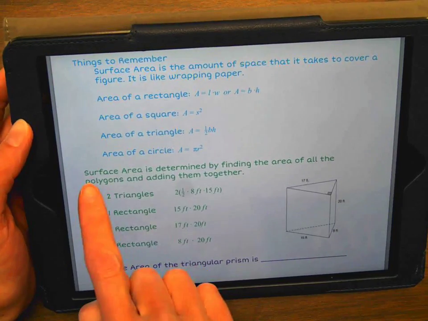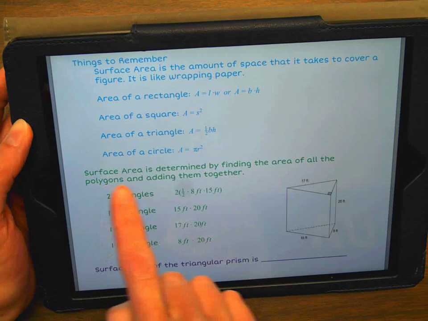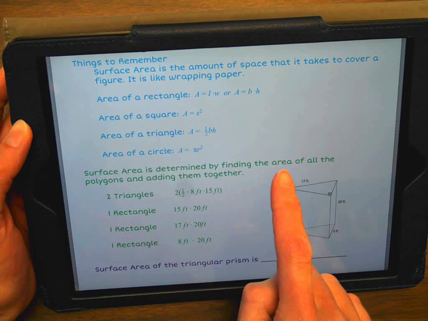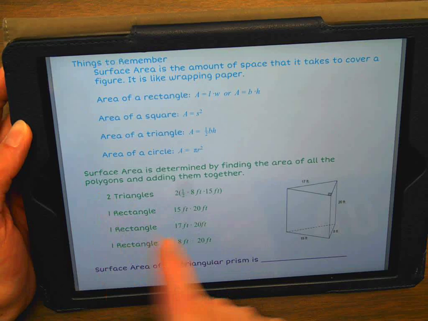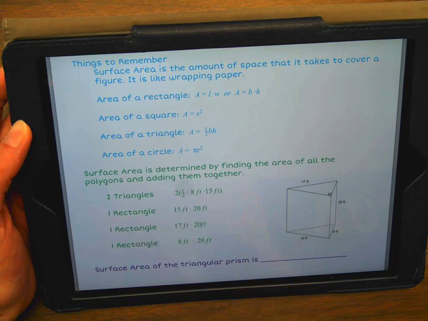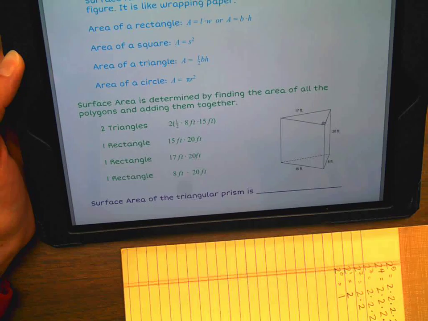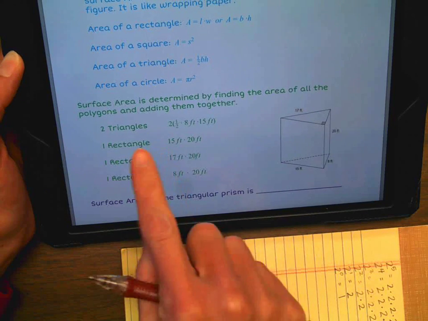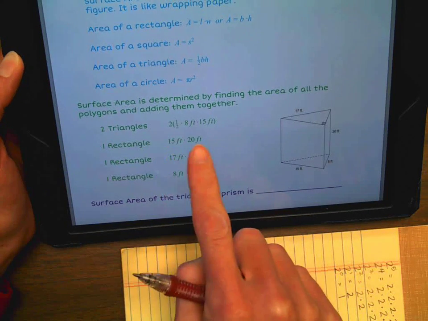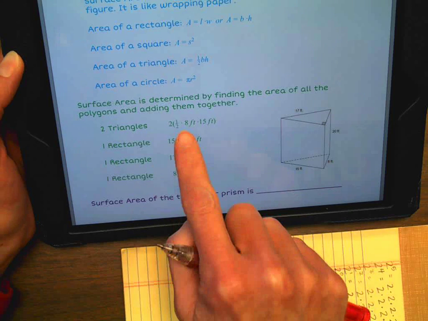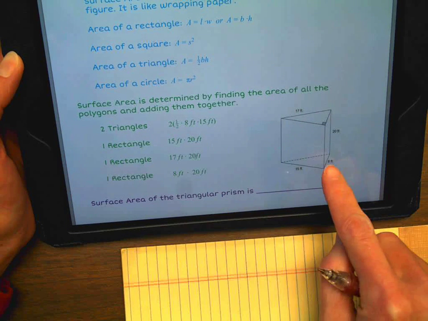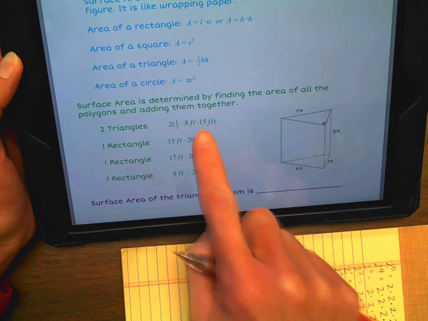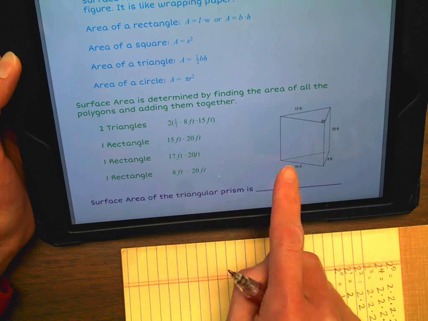And so it says back up here that surface area is determined by finding the area of all the polygons. So these are our polygons, and then you add them together. So if we remember the rules for doing this, finding the area of a triangle means that you take half the base times the height. All right, so here we have the base, which is 8, and the height of it could be 15.